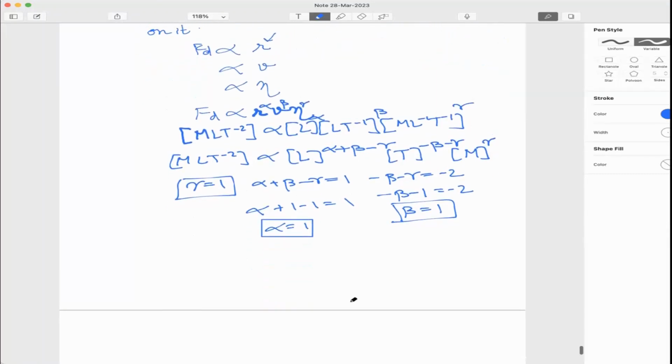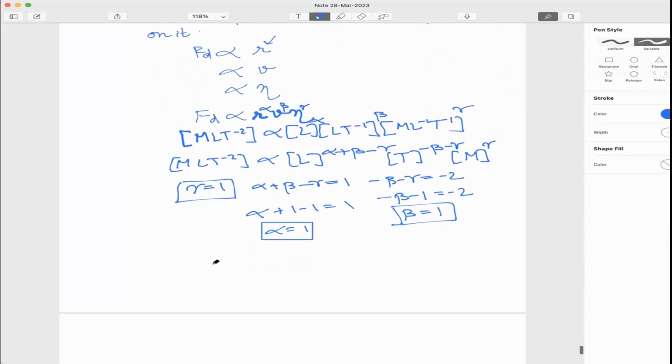Okay. So Fd is directly proportional to R v eta. But from dimensional analysis, we don't know the exact proportionality constant. According to Stokes law, it is 6 pi eta R v.